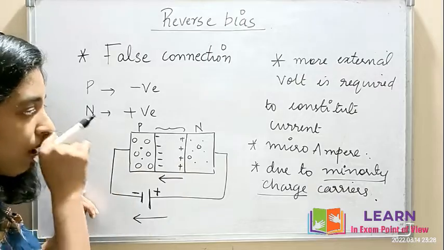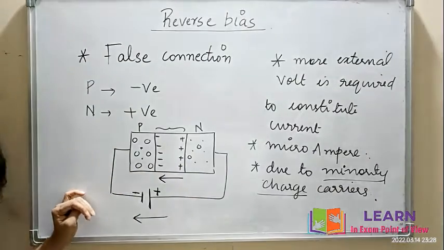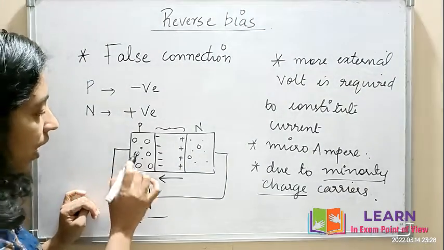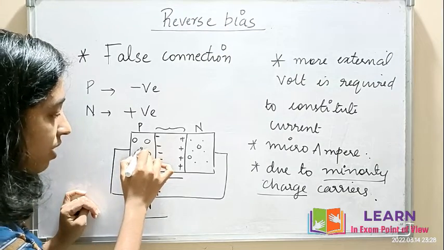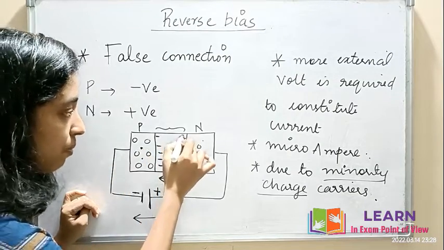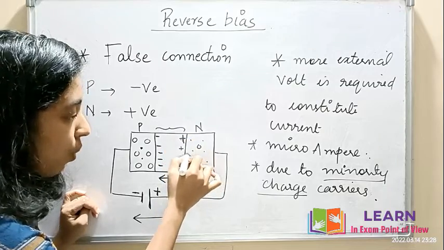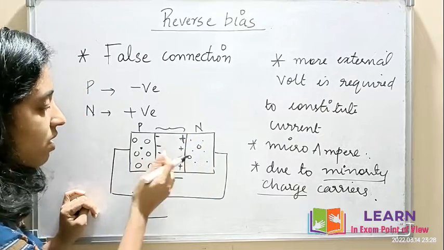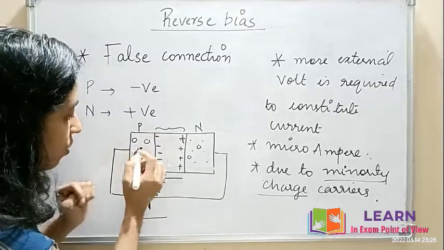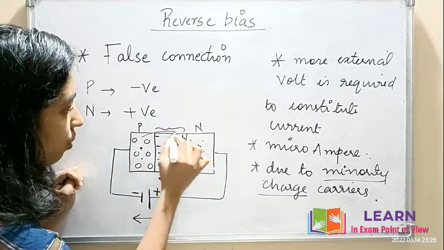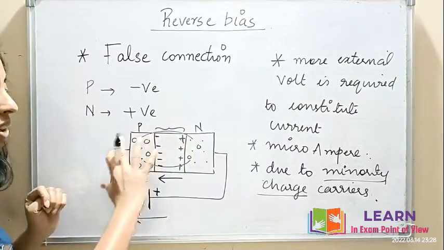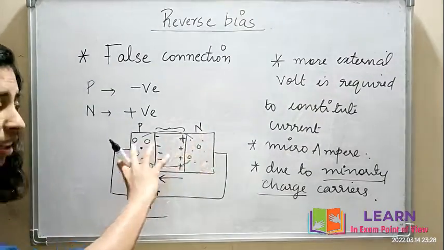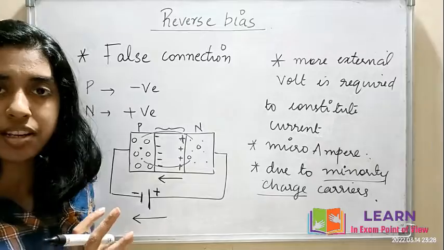Holes in the N type, sorry. Okay, one more thing is happening here. The electrons get attracted by this plus charge, and the holes here are attracted by this negative charge. So the electrons from here will go there, and the holes from here will come here.